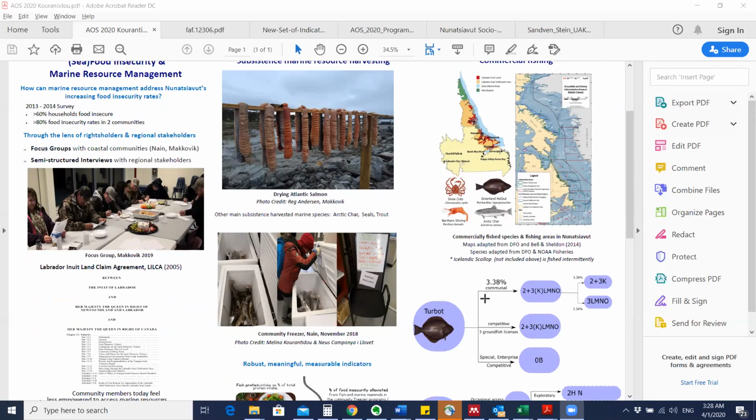In this paper, we focus on Northern Labrador, as you can see on the map on the right. We describe marine resource governance dimensions important to safeguard food security in those communities, and we propose the use of indicators as a monitoring tool that can help diversify risks and contribute to sustainability of fish stocks and marine mammals.